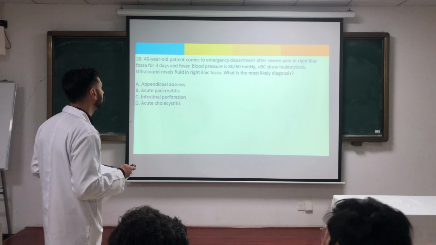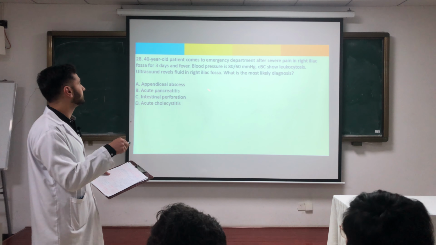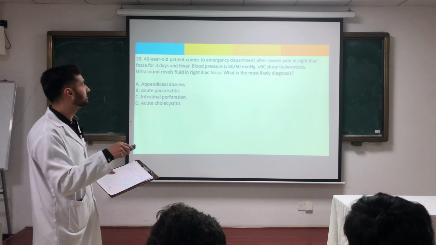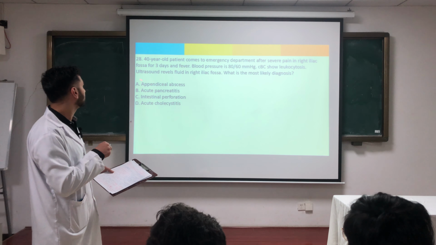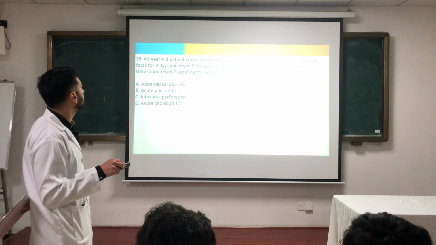Okay. It's a perforation of the appendix. Don't go for the diagnosis first. See what clinical features we can see in this patient. Blood pressure is normal? Low. Blood pressure is low. Okay. CBC shows leukocytosis.